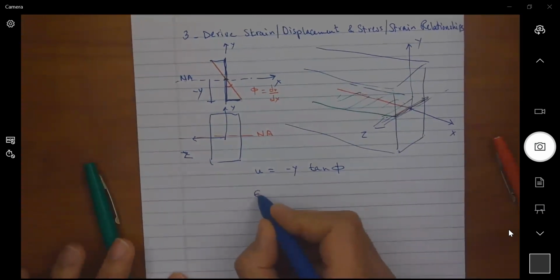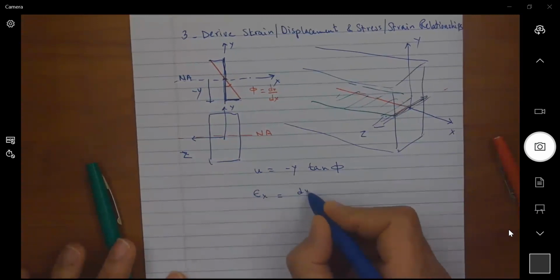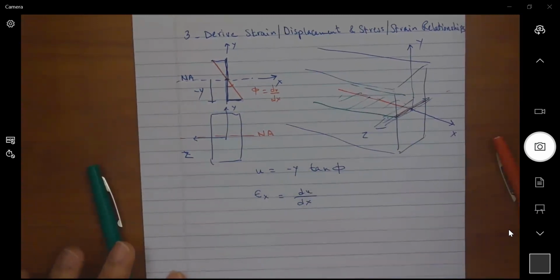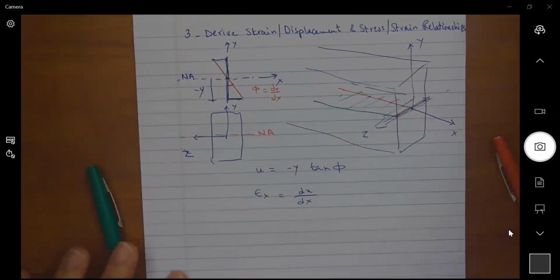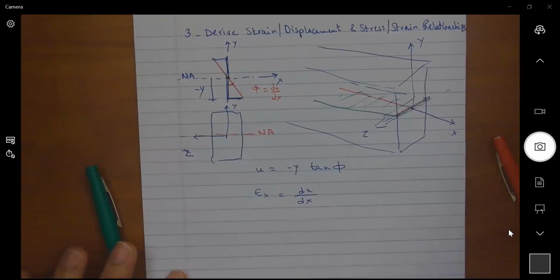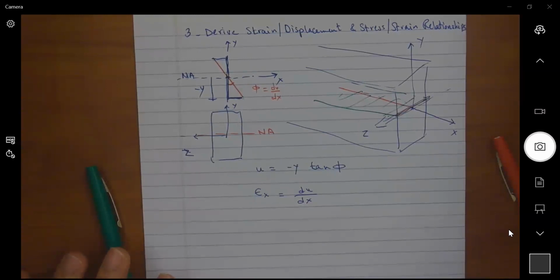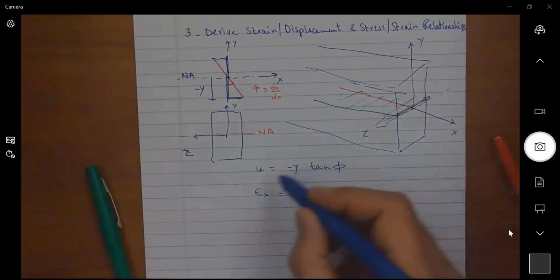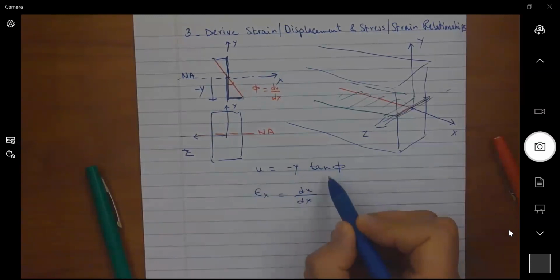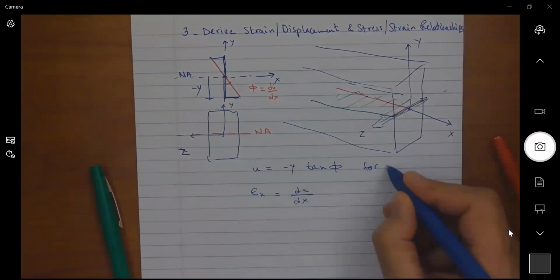And what is epsilon x? Epsilon x is du by dx. So u is equal to minus y tan phi for small angles.